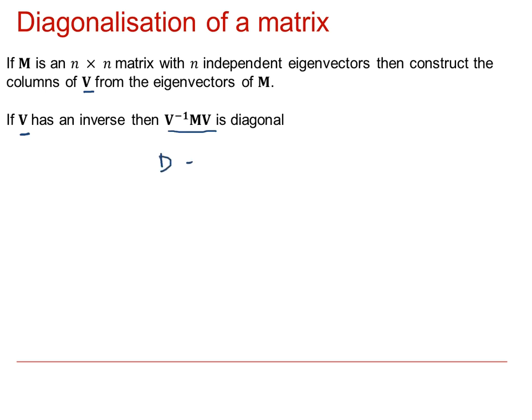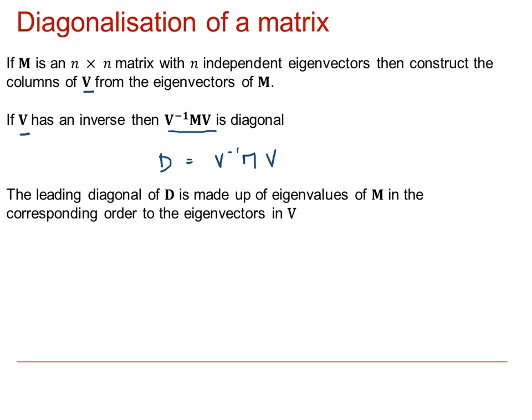So D is equal to V inverse MV, where the leading diagonal of this matrix D will be made up of the corresponding eigenvalues of those vectors.